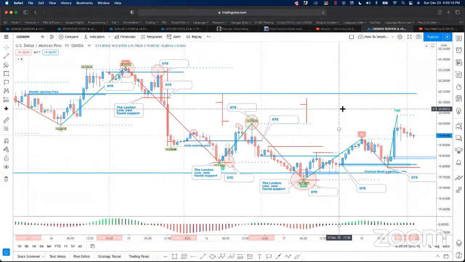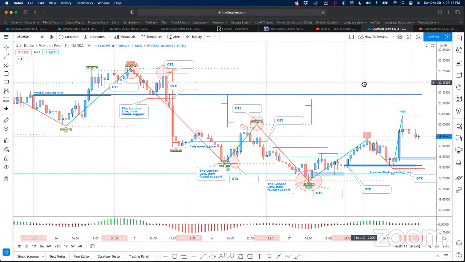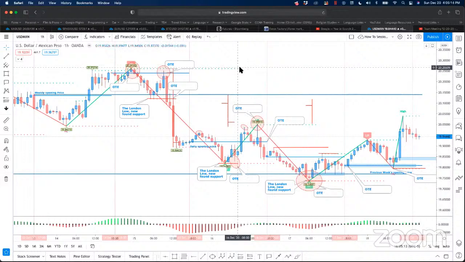So, I just wanted to go over this with you guys, and we can do another pair if you want. It's something I implemented a couple of weeks ago, and it's made my trades a lot more accurate, with a lot more precision and a lot less drawdown.